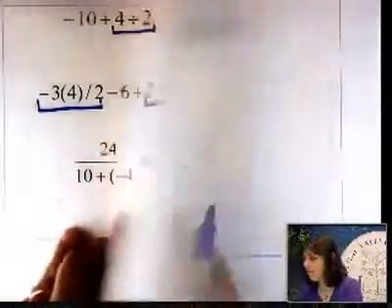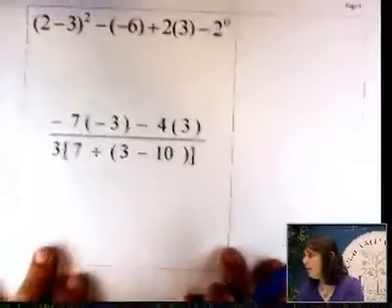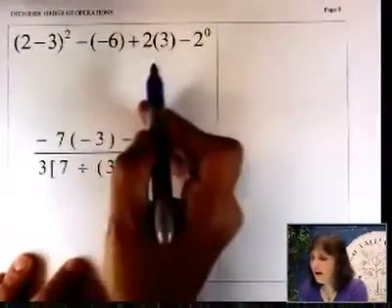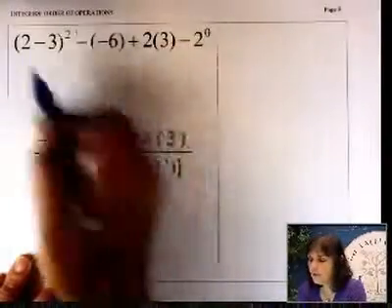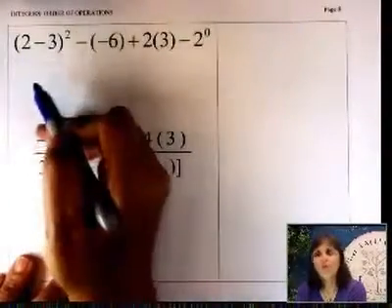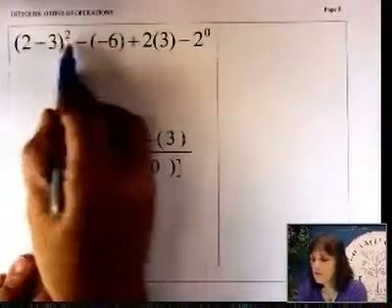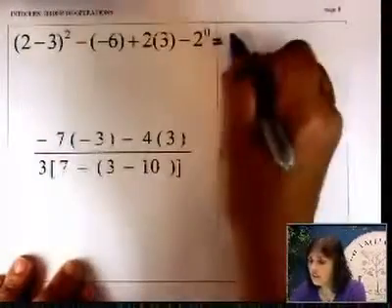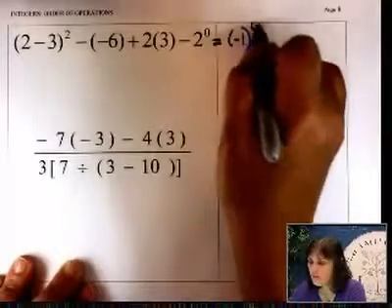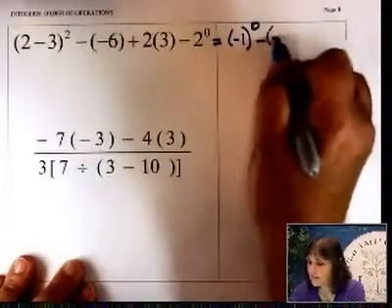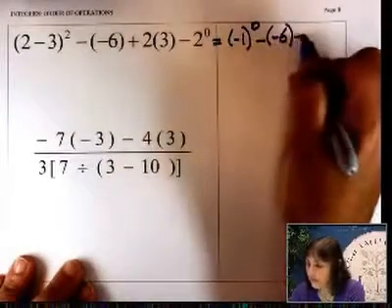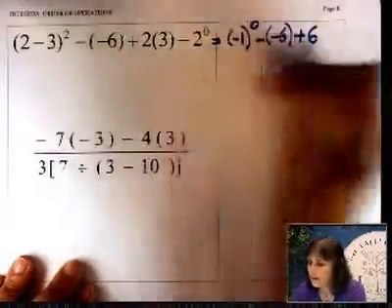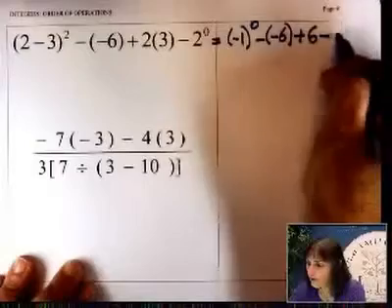All right. A little more. This one. Now I have multiplication, exponents, and all the grouping symbols. Grouping symbols first. I have to group this guy. 2 minus 3, that's negative 1 to the 0th power, minus 6, plus, I can do the multiplication, minus 2 to the 0th power, that's 1.